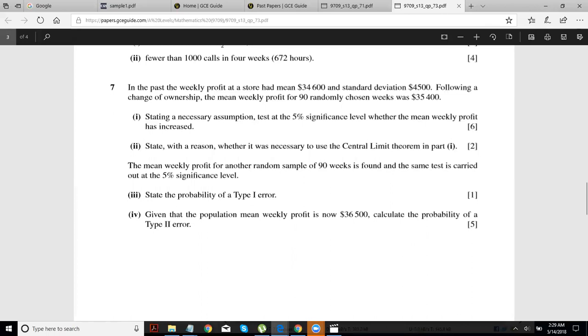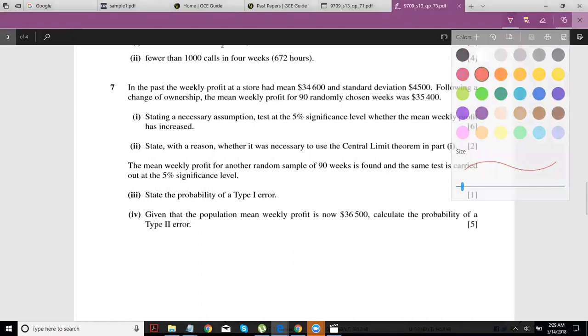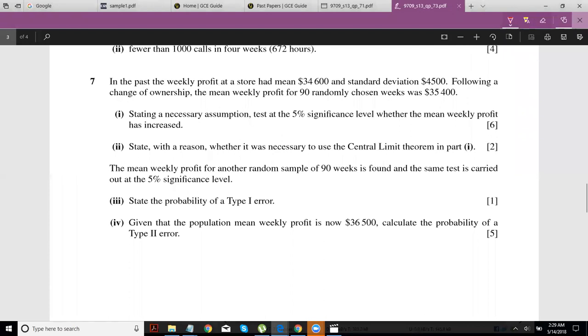If you look at question 7, I don't believe we need to go through the entire question. It says, in the past, the weekly profit at a store had a mean of 34,600 and a standard deviation of 4,500. Following a change of ownership, the mean weekly profit for 90 randomly chosen weeks was 35,400.